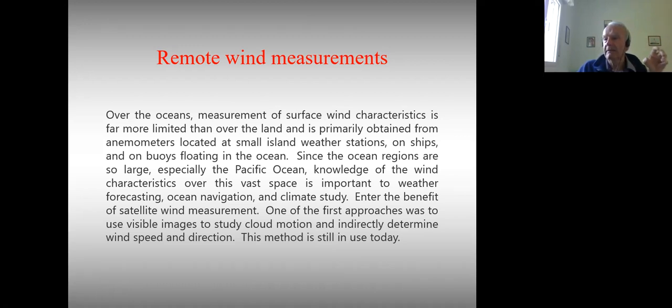That means that if you want to have a good weather prediction in Europe, we have to have very good and very fine measurements of the wind over the North Atlantic.